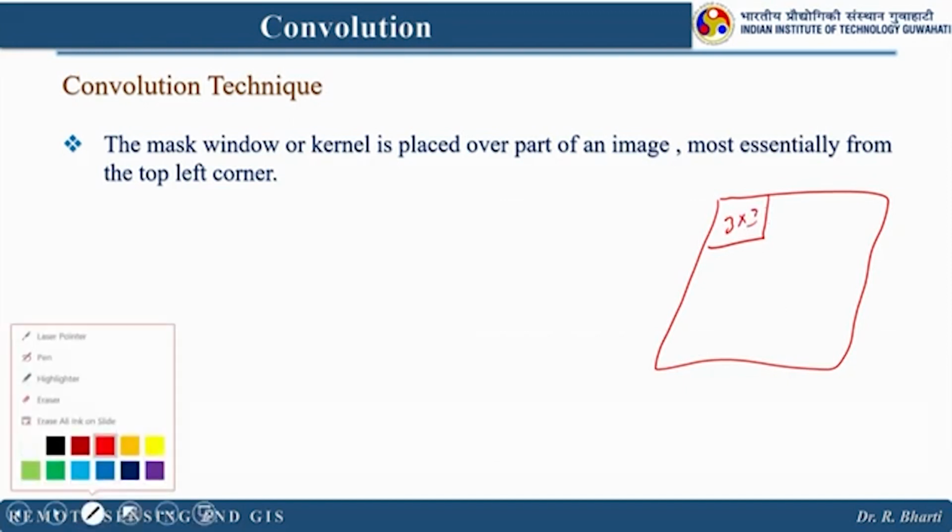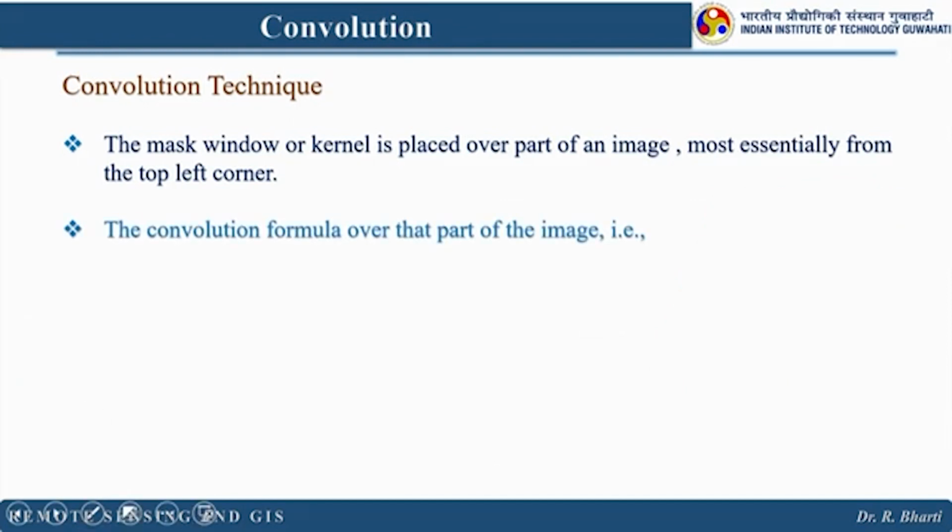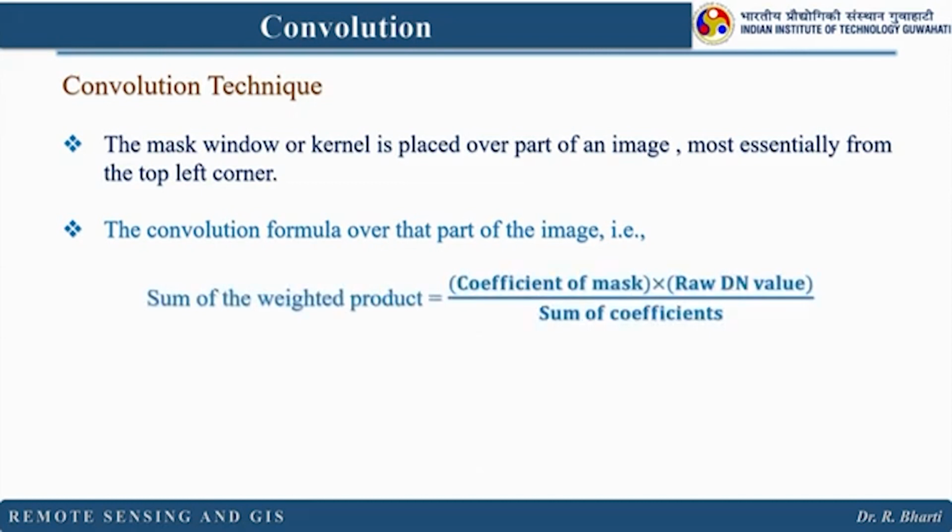This is what the first point says. The second point is the convolution formula over the part of the image. We are putting our convolution formula on top of the image. This is just to understand how we perform this, and then we use this particular logic.